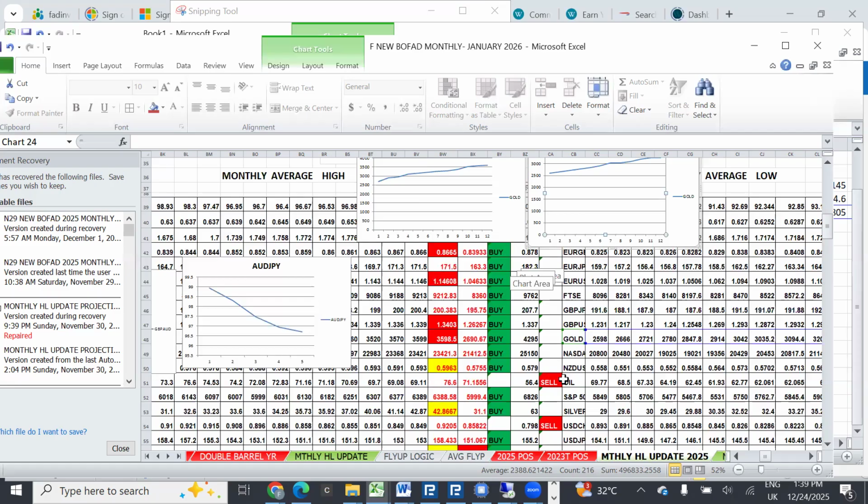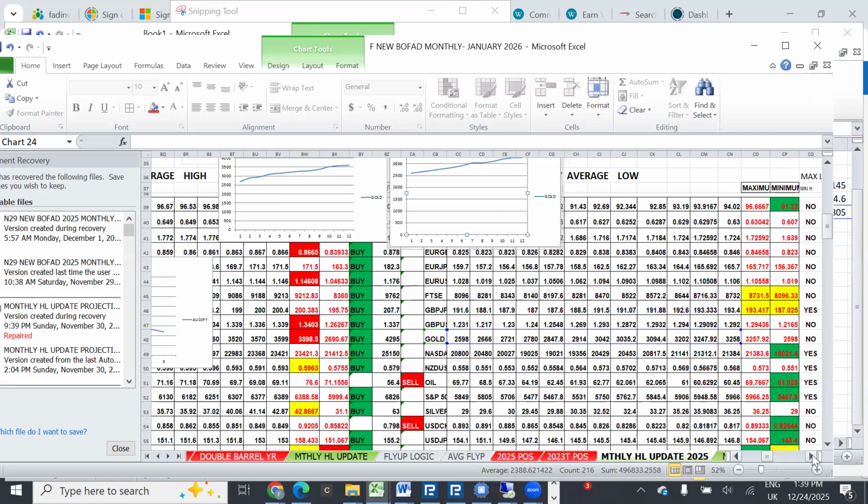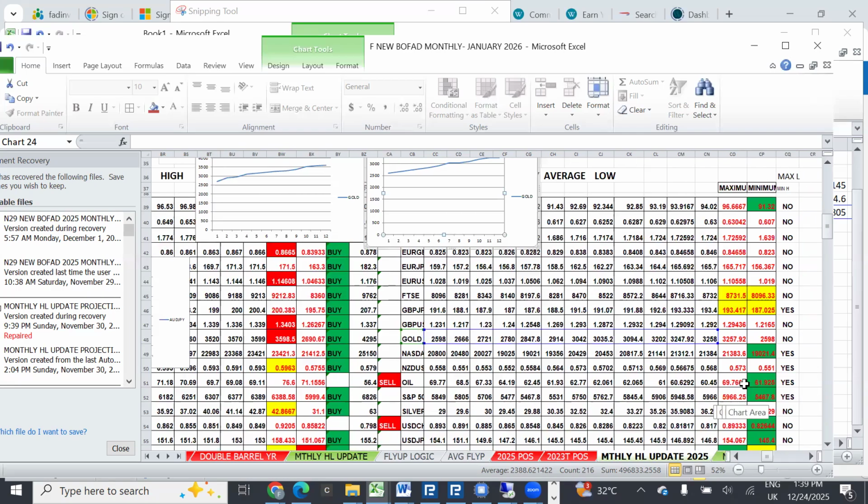And here as well, let's look at the sell point. For the sell, it's telling us to sell at 69.7. If you had sold at 69.7, the current price now is about 56.4. You would have made profit all the way down.